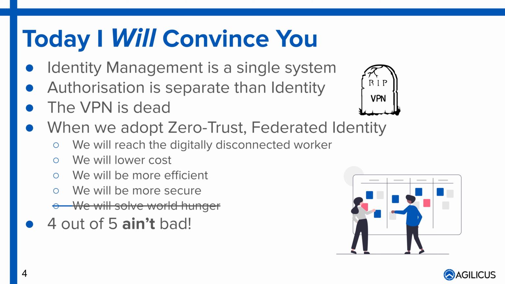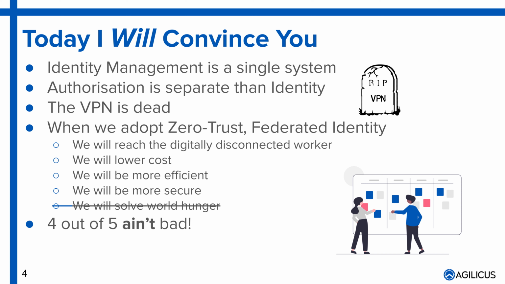So when we adopt zero trust, which is the idea that instead of using a perimeter-based defense like a firewall and a VPN, we switch to the concept of it's the user and the application in a fine-grained sense, and a concept called Federated Identity, where we allow multiple sources of truth of who the user is.